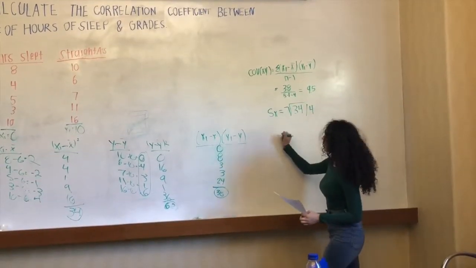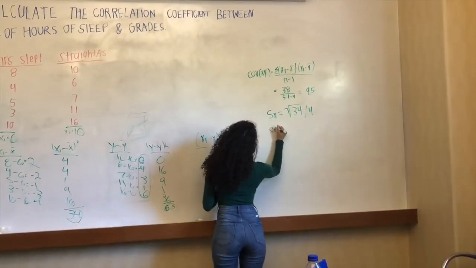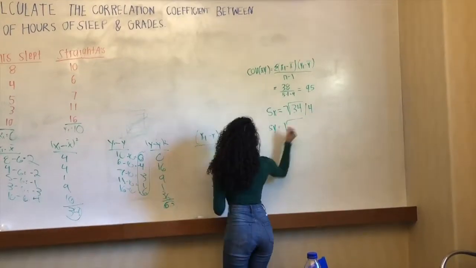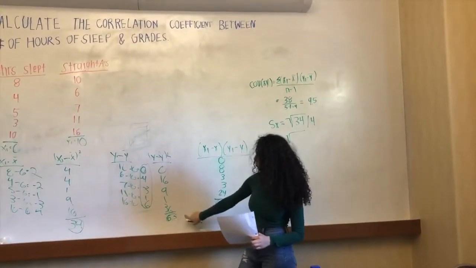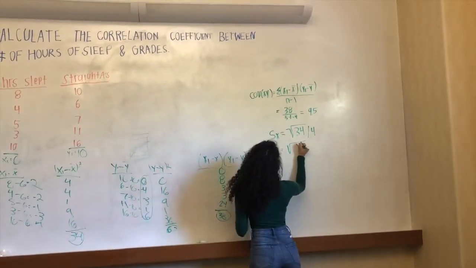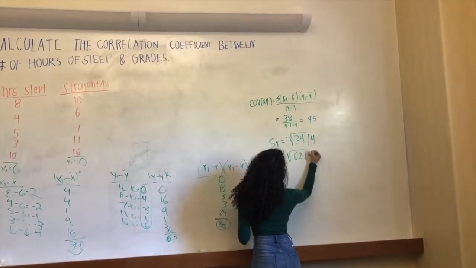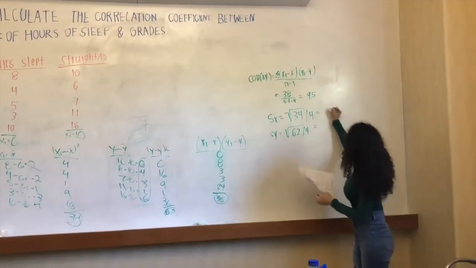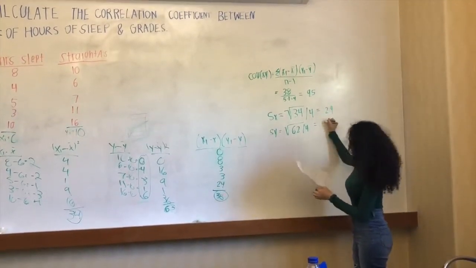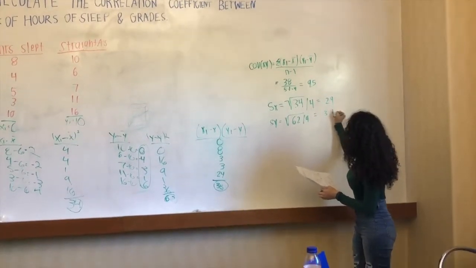And for SY, we're going to do the same thing: plug in the sum of squares for Y, which is 62, and divide by n minus 1, which is 4. So the values of each individual one are going to be 2.9 and 3.9.